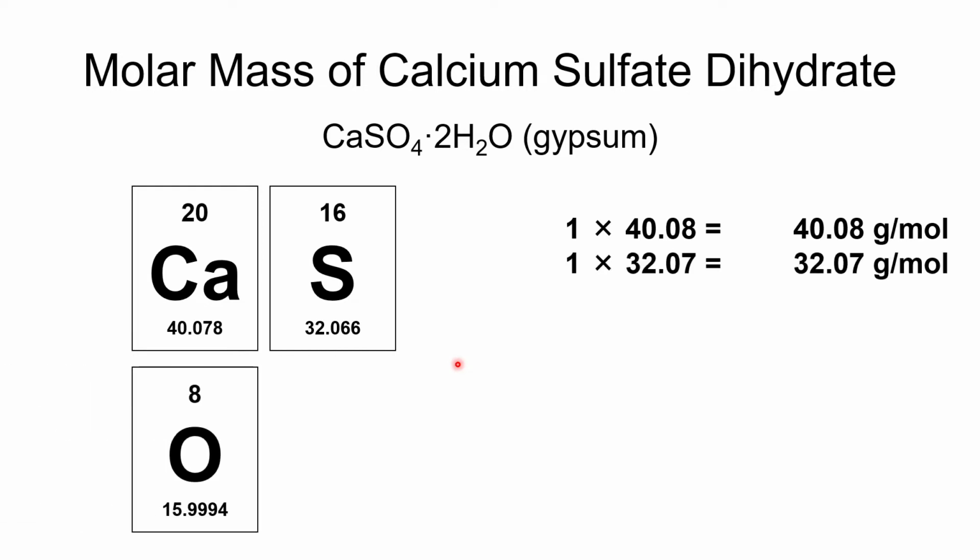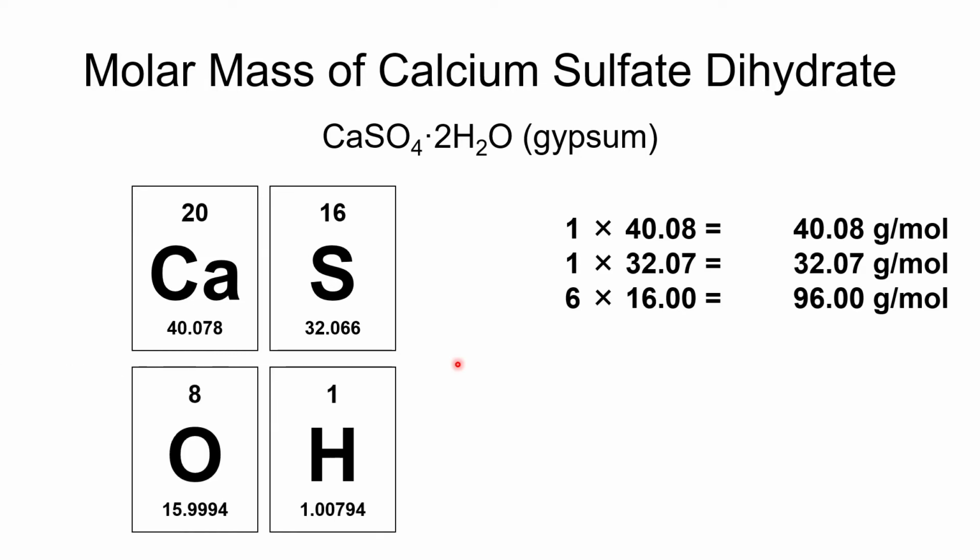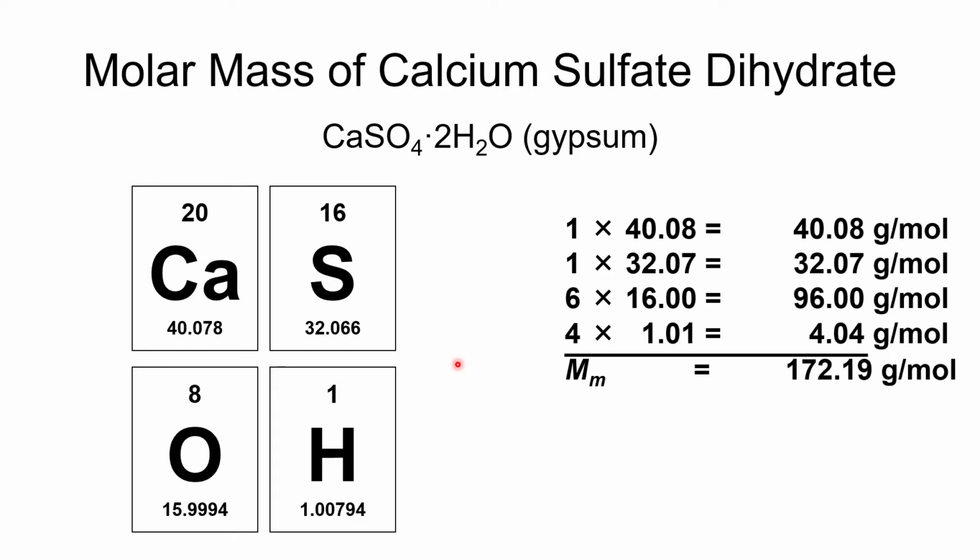For oxygen, we had 6 of those, so 6 times 16.00. And then finally for hydrogen, we had 4 of those, so 4 times 1.01, and that gives us 4.04. We add all those together. That's exactly the same number that we had a minute ago. All right, so that is that one.